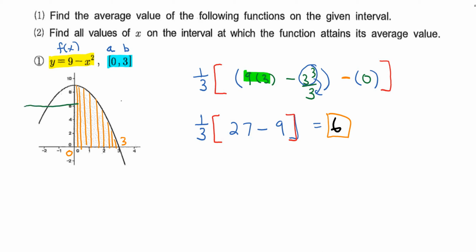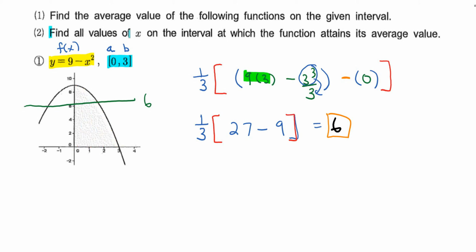So your average height takes on a value of 6. Obviously some heights are bigger than 6 and some heights are lower than 6, but the average is going to be 6. Okay, let's move on to letter B now.